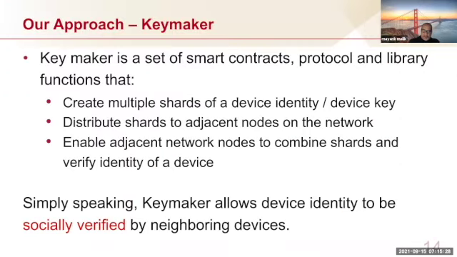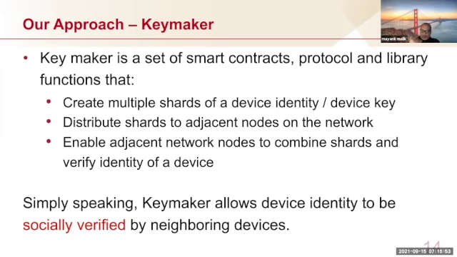So at a very high level, Keymaker is a set of smart contracts, protocols, and library functions that create multiple shards of a device identity or device key or device secret. So you take a secret, you split that into multiple smaller shards. You then distribute these shards to adjacent nodes on the network. And then you enable the adjacent network nodes to combine these shards and verify the identity of the device.